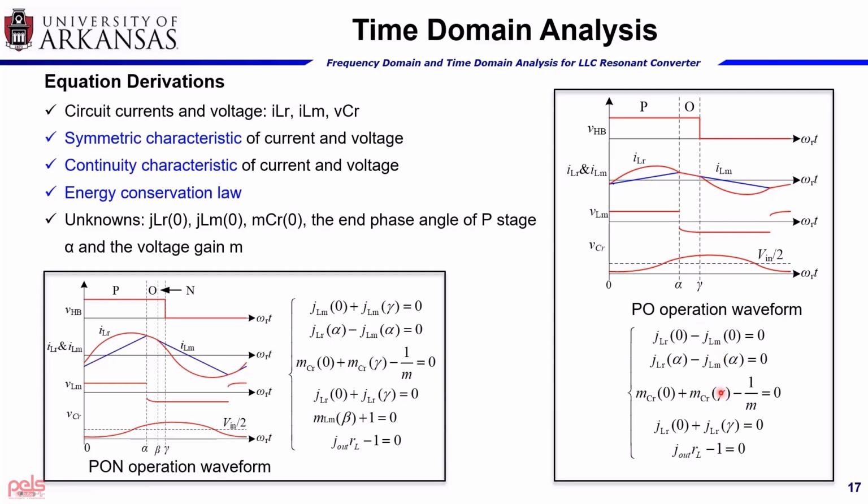The third equation tells us that the resonant capacitor voltage is symmetric at the initial point and the end of the half-switching cycle. The fourth equation tells us that the resonant inductor current is symmetric at the initial point and at the end of the half-switching cycle. And the last equation tells us about the energy conservation law.